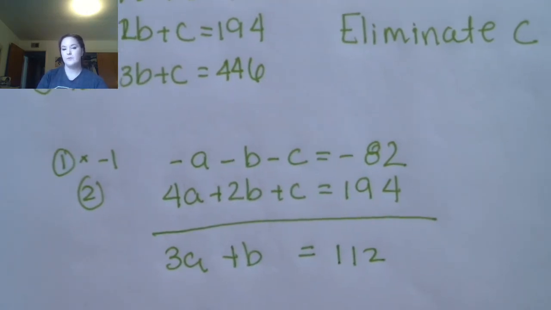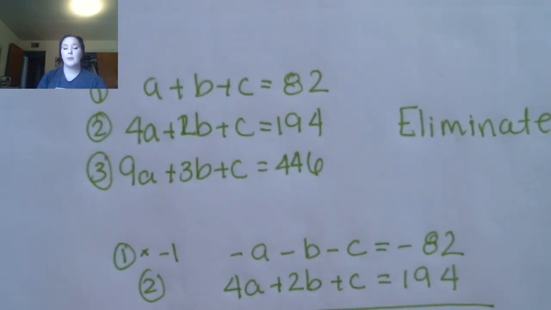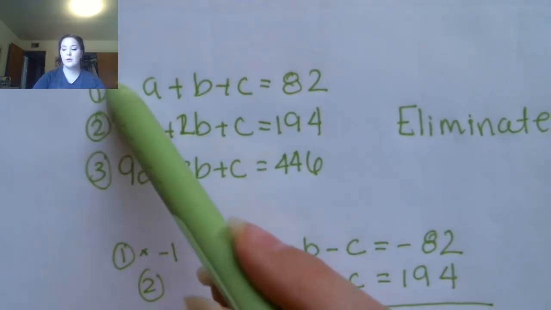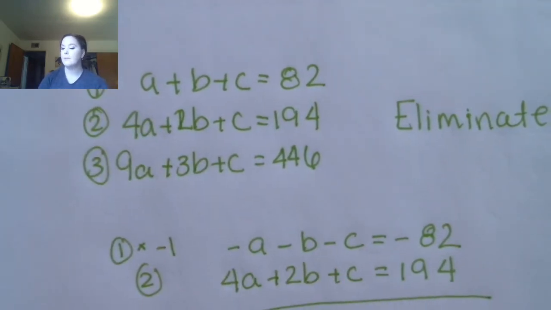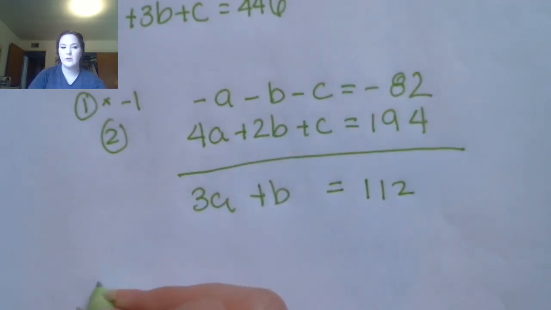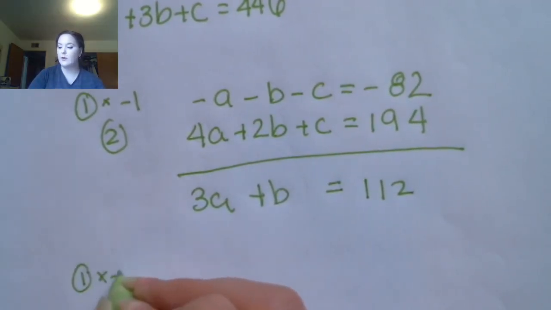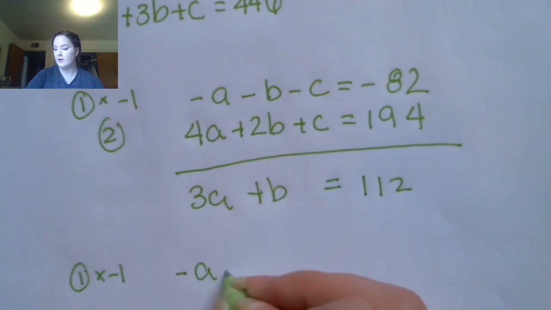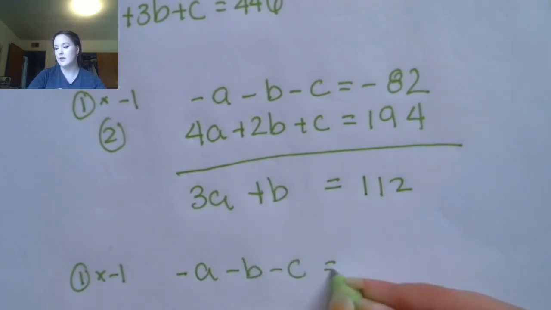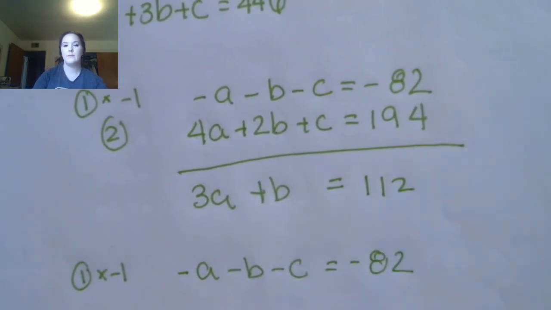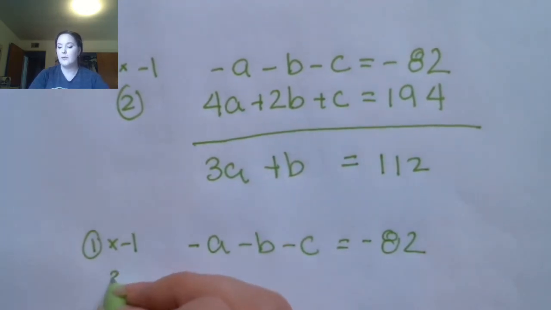All right. So now I have to pick a different pair of equations to eliminate c. So I'll just pick 1 and 3. It really doesn't matter if you pick 2 and 3 or 1 and 3. Okay. So I'll just do the first equation times negative 1 again. So I'll have negative a, negative b, negative c is negative 82. Okay. And then I'll just copy my third equation.